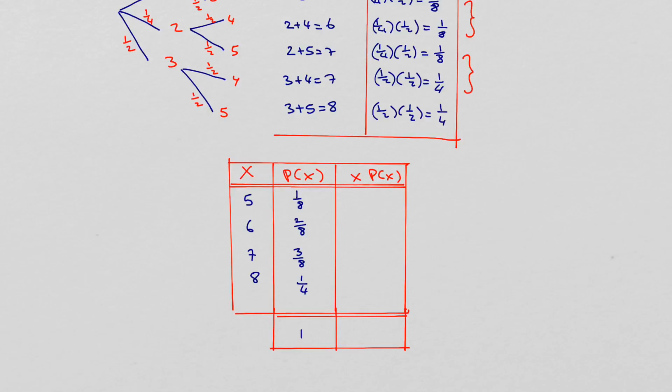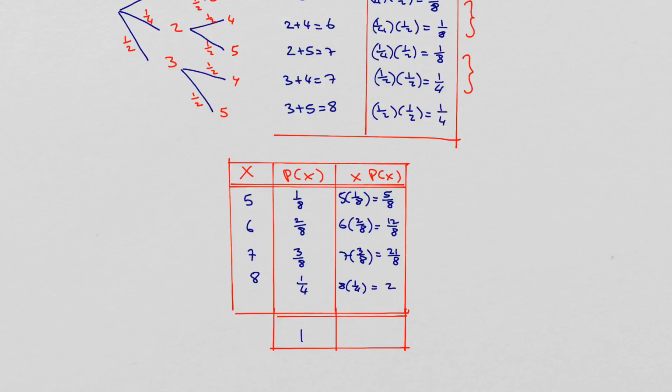So we next have to multiply these out. So we have 5 times 1/8, which is 5/8. We have 6 times 2/8, which is 12/8. We have 7 times 3/8, which is 21/8. And we have 8 times 1/4, which is 2.